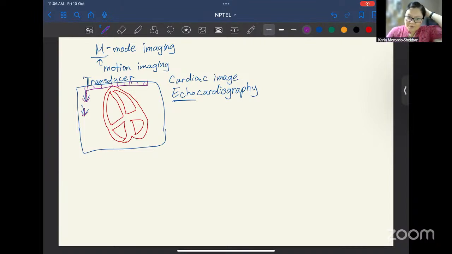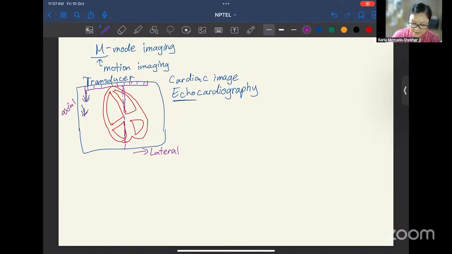So in M mode imaging, the ultrasound system will select just one location, one line. Let's say it is this line all the way down. In one of the lectures, we talked about how this direction is lateral and this is axial, right?